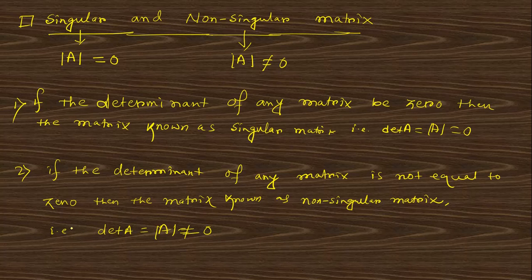Next is orthogonal. What is the orthogonal matrix? Orthogonal matrix and the unitary matrix.